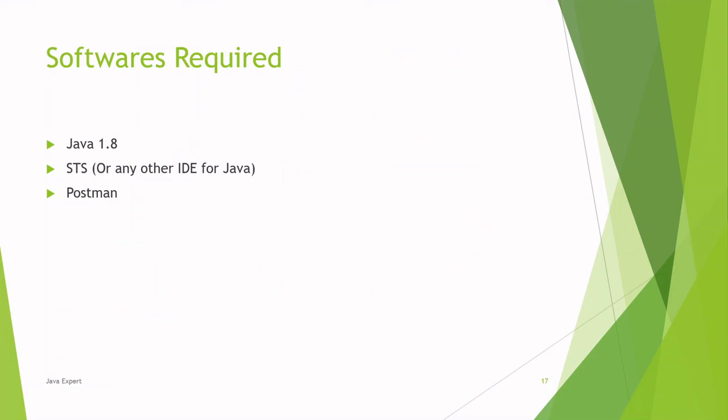So in the next session we are going to implement everything practically. You need Java 1.8 installed in your system. You need any one Java based IDE, preferably Eclipse. It will be good if you have Spring Tool Suite, which is specifically designed for Spring based applications. IntelliJ you can also use.